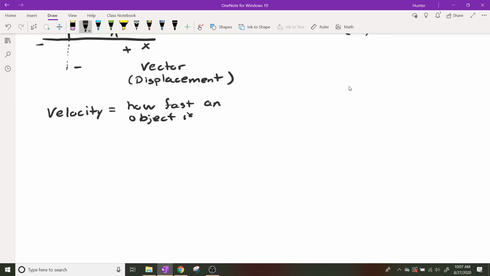And that comes out to be displacement over time. This is the only time I'm going to write it this way. Every other time you're going to see it as d over t.